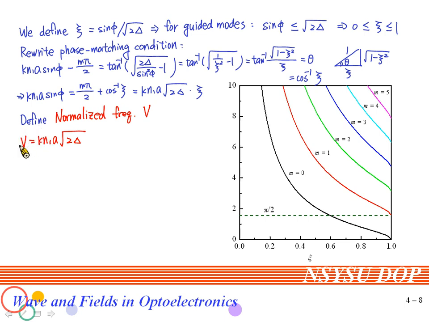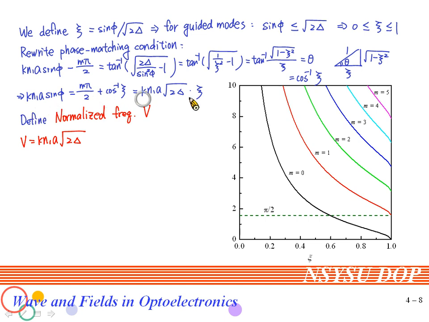So it is a frequency. Besides, this expression includes the core and the index difference. So it is a normalized parameter. So we call it normalized frequency.